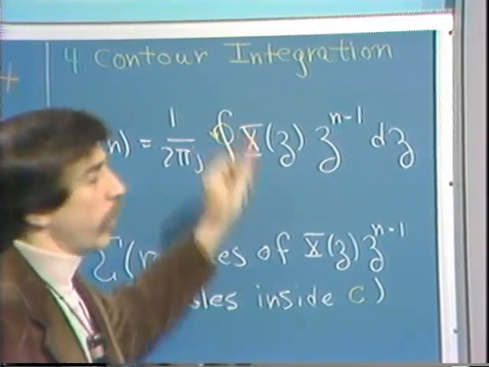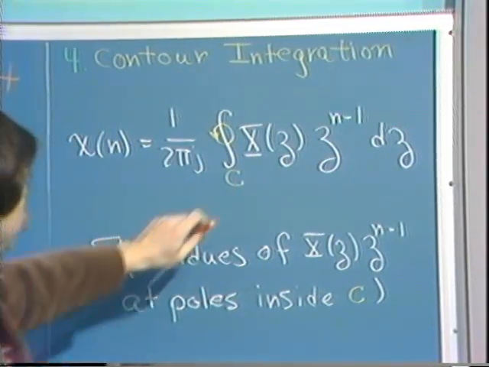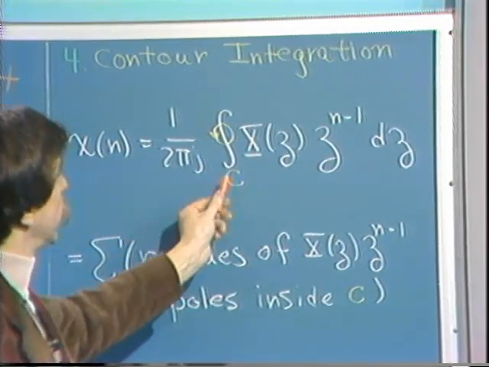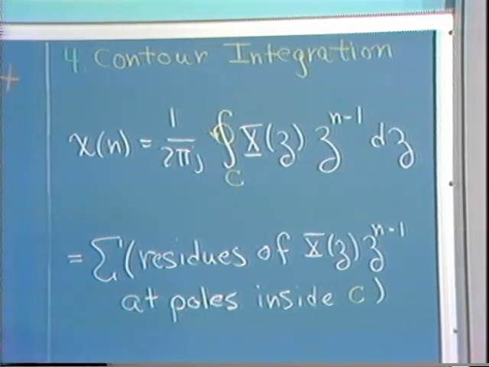Now, for x of z a rational function of z, which are the cases we've been talking about, this entire integrand is a rational function, and consequently, a contour integral of this type can be simply evaluated using the notion of residues.